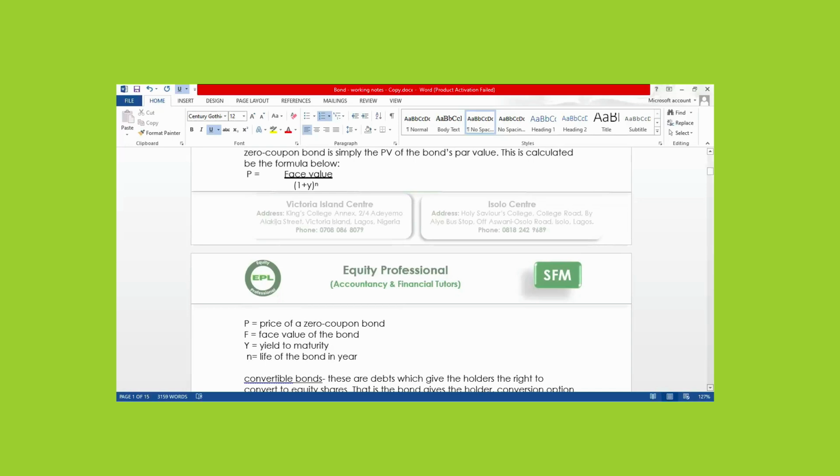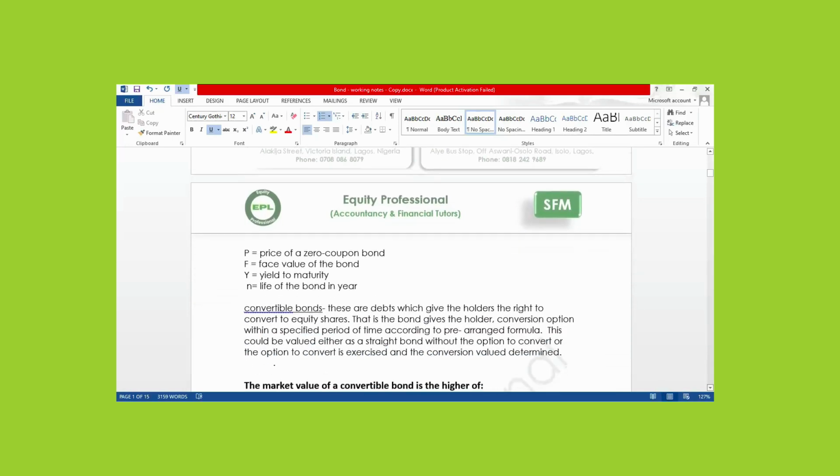Next, convertible bond. What is convertible bond? How can we calculate price of convertible bond?